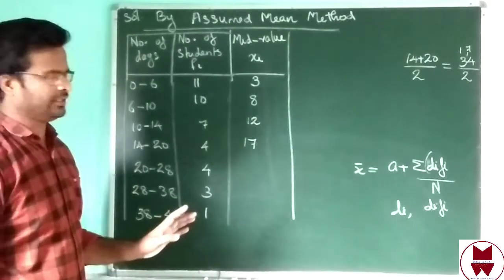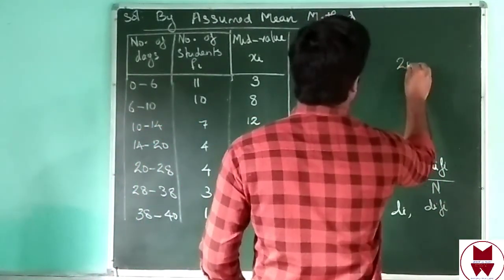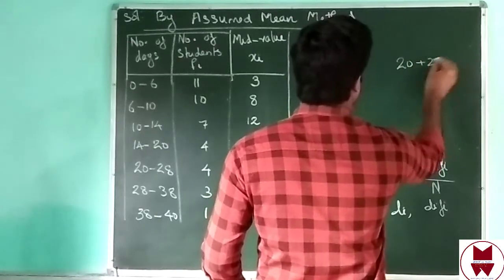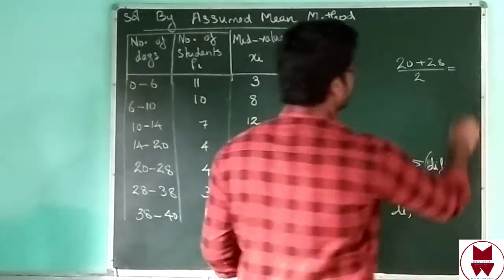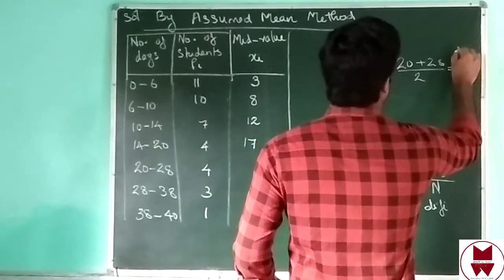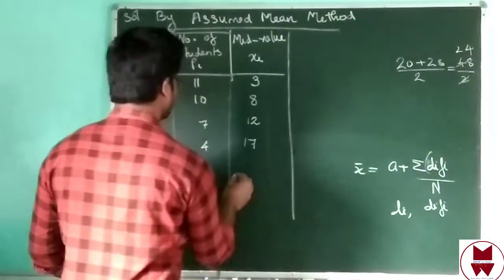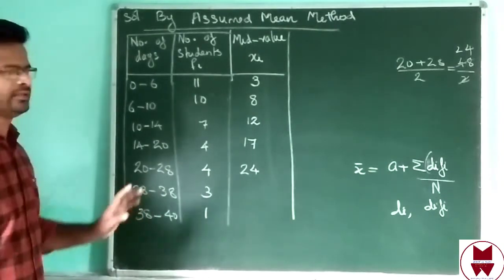20 and 28. That is 20 plus 28 divided by 2, equal to 20 plus 28, 48 divided by 2. Cut it, 24. Then 28 and 38.